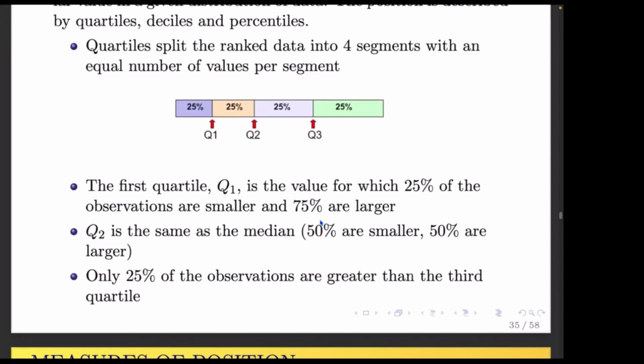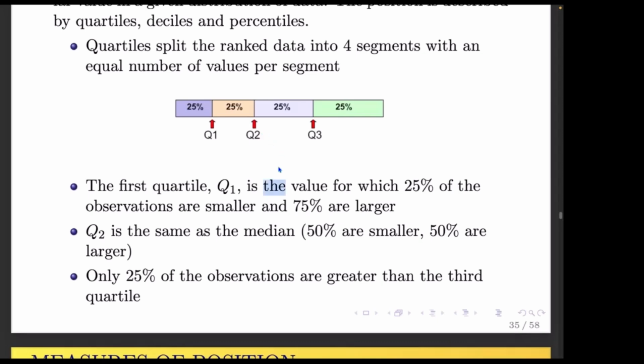The first quartile, Q1, is also the same as the 25th percentile, which is P subscript 25. Then the second quartile, Q2, is also the same as the median.